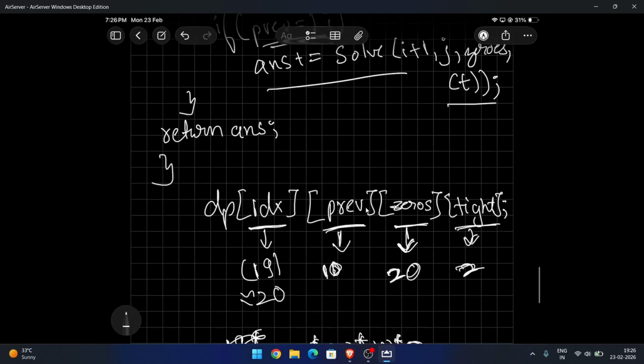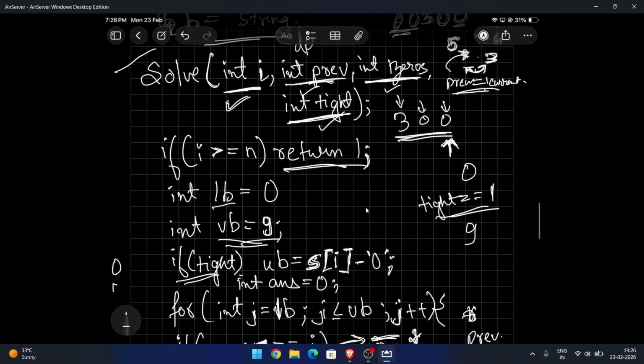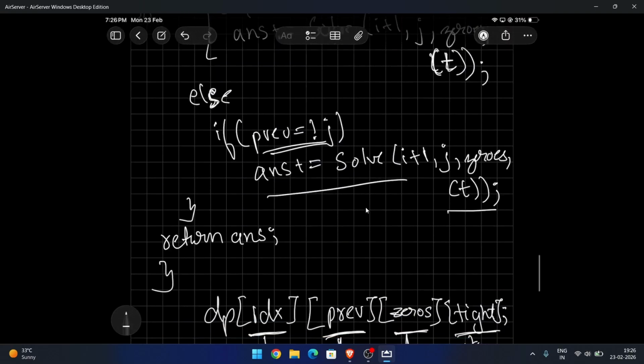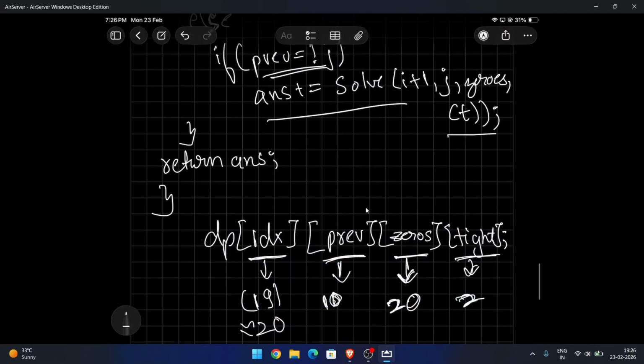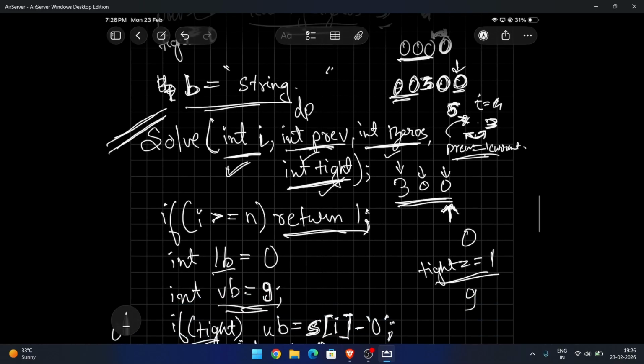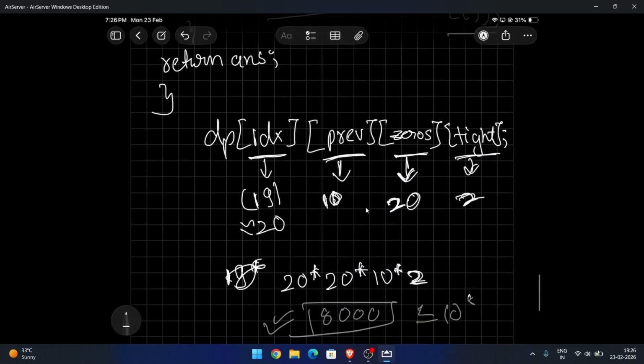Here it is better to code by recursion only, because here we are dealing with multiple states. It would be better for us to write a recursion code instead of iterative code, because although iterative code would be better, we would have to run multiple loops.